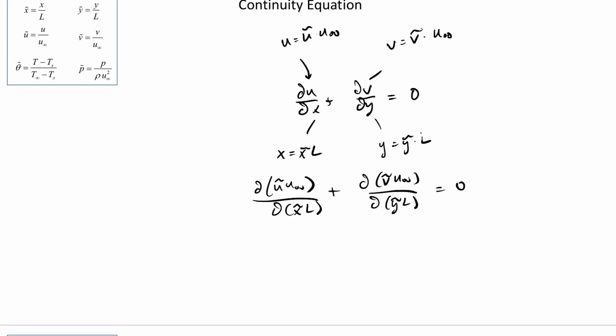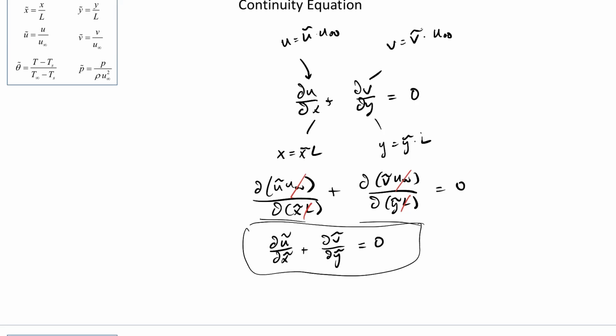Okay, so we can go through and pull out our u infinity. That's a constant, so that's going to go away. We can pull out L. That's a constant. So then our simplified non-dimensional equation is just du tilde dx tilde plus dv tilde dy tilde is equal to 0. That's our normalized equation for continuity.